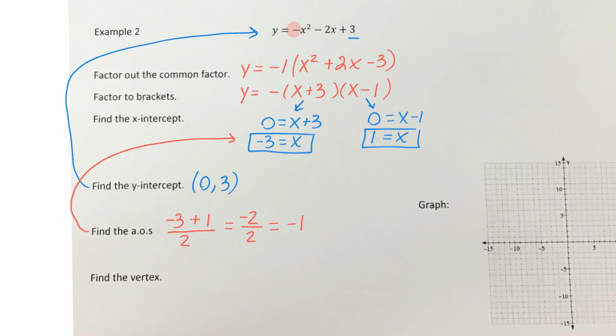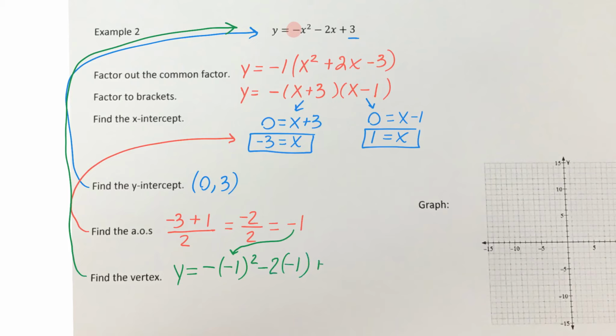The vertex comes from using your original equation again. So y equals negative x squared minus 2x plus 3, where x, I said, is -1, right? That's from here.